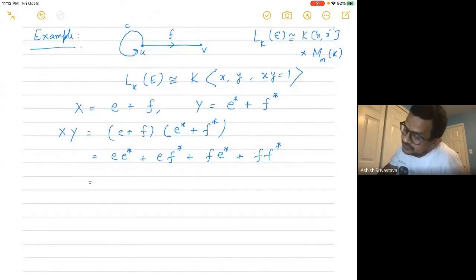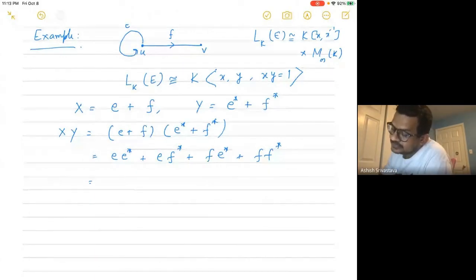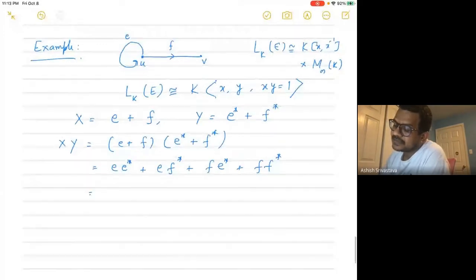Now let me first write this also, and then I'll get to what that is. So yx would be e star plus f star, e plus f.